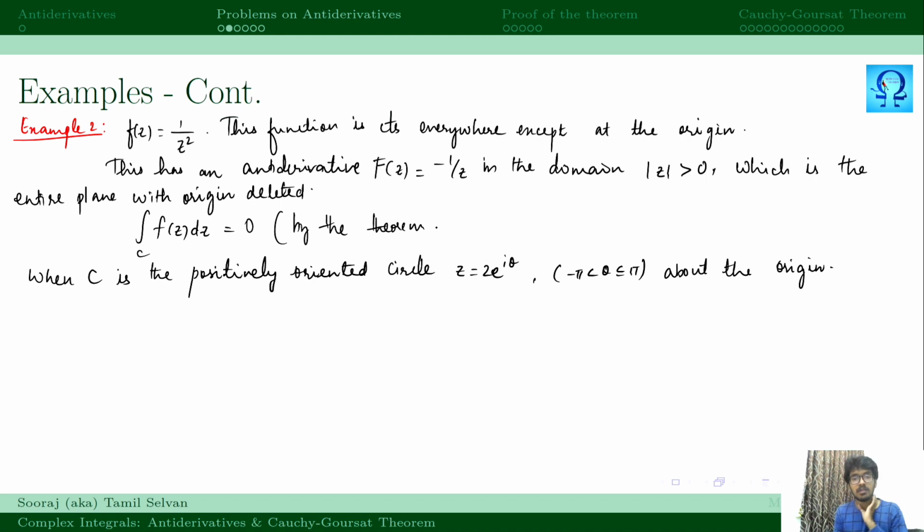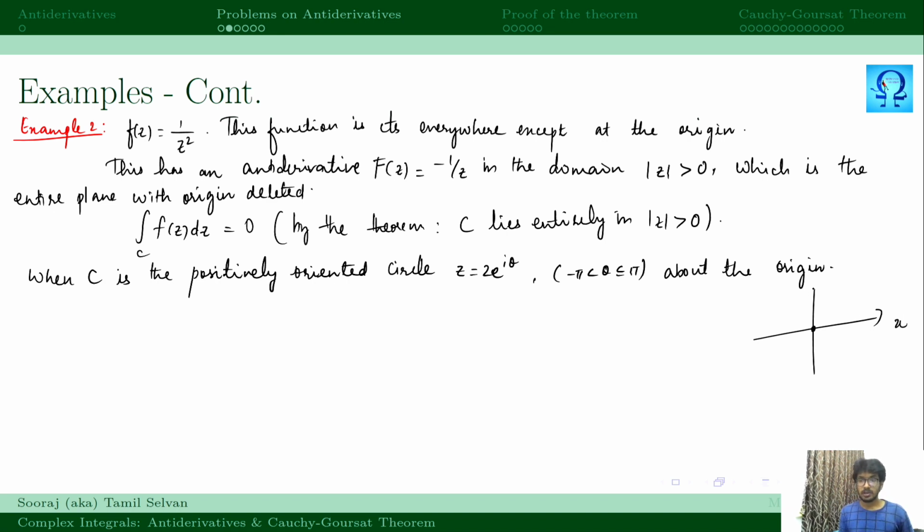By the theorem, C lies entirely in this domain. Now you may ask: except this point, all points of the plane are contained in the domain, and the contour that we considered is something of this sort.